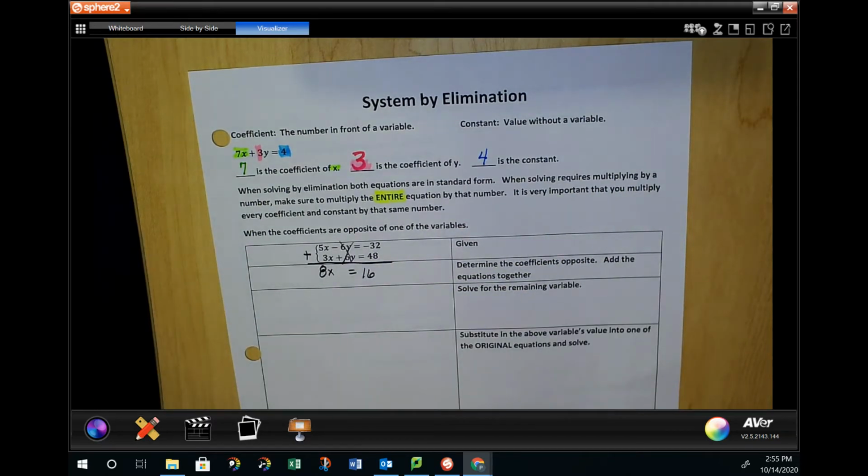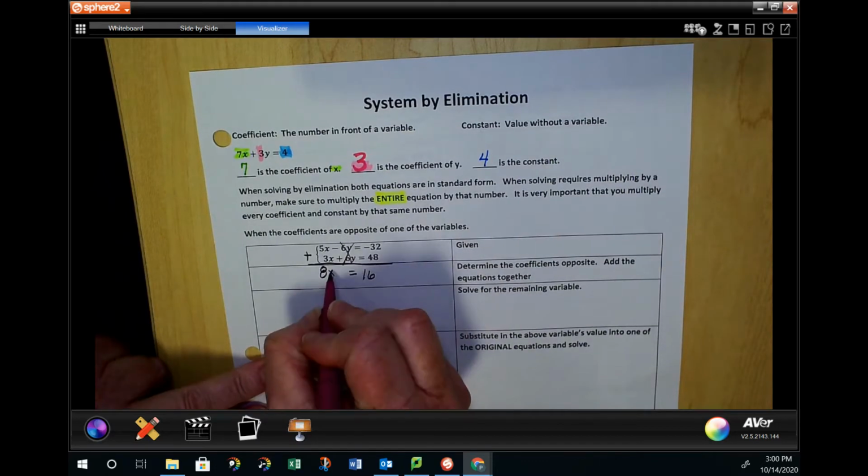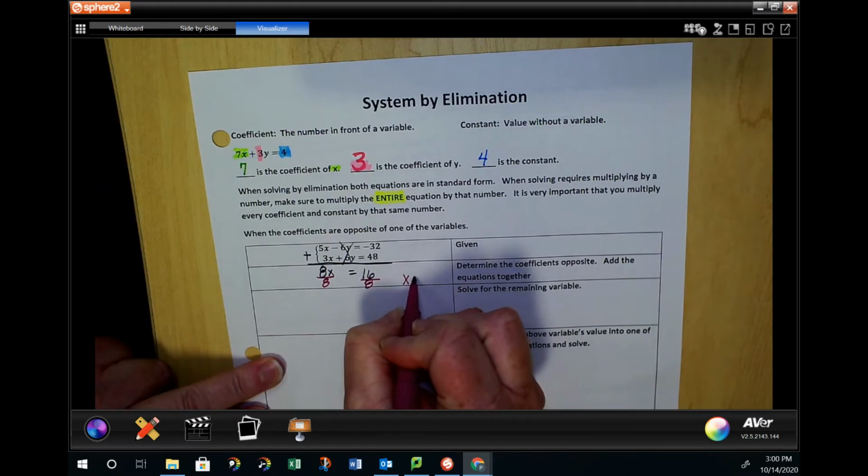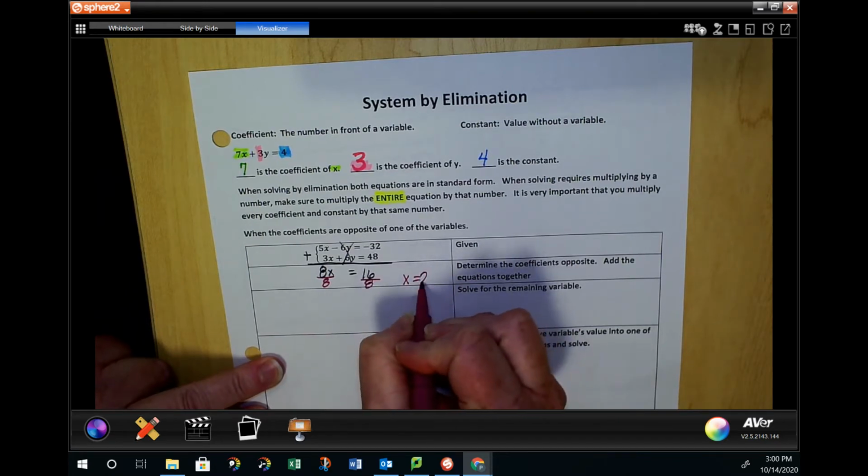Then we're going to solve for x. I'm just going to divide by 8, and you get x is equal to 16 divided by 8, which is 2.